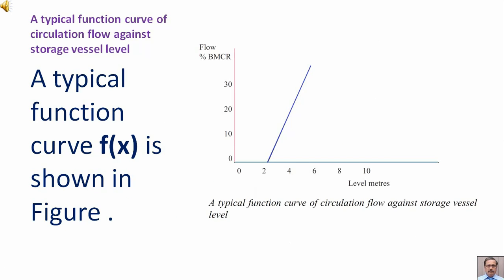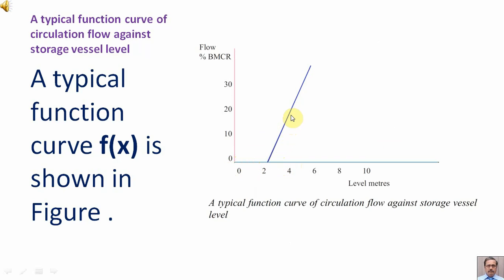A typical function curve fx is shown in figure. From this graph it is clear that up to 2 meter the circulation flow shall be 0, and as the level increases beyond 2 meter the circulation flow is increasing.